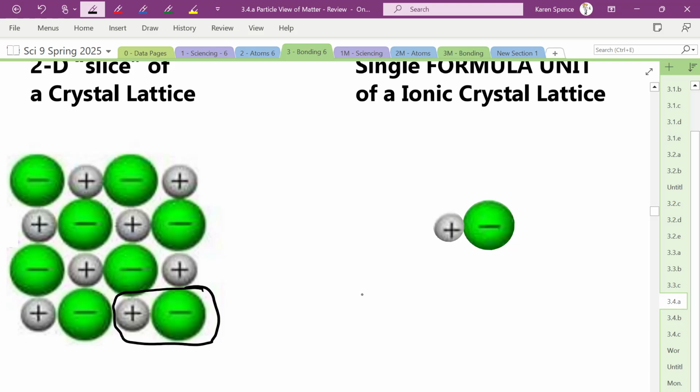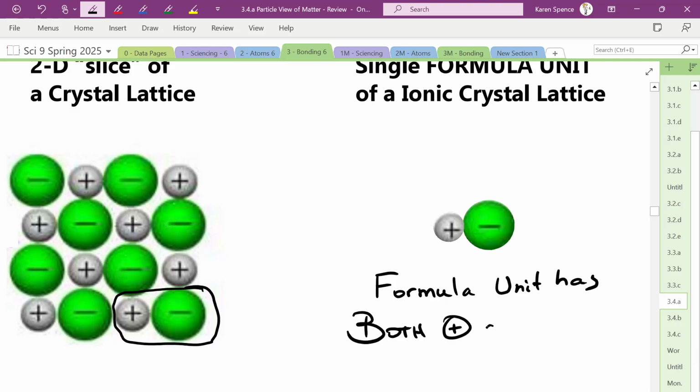A formula unit will have both positive and negative charges in it. But overall, it is going to be neutral. So if you have a 1 plus and a 1 plus and a 1 minus, overall it's neutral.